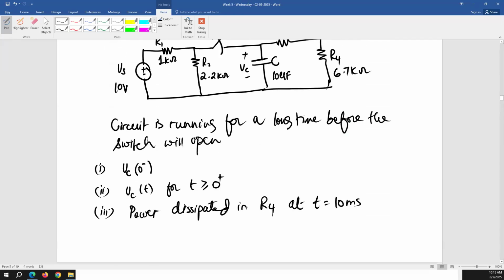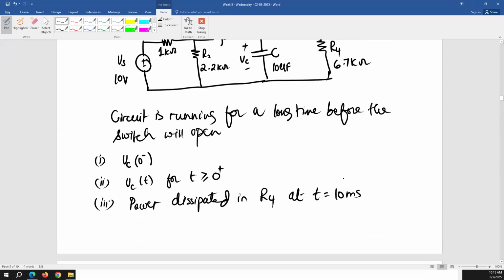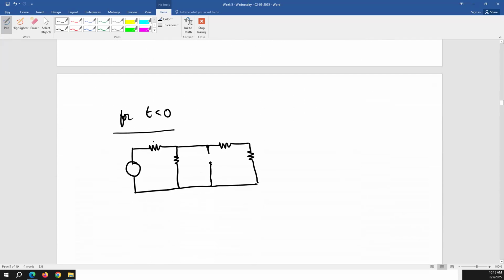So once you redraw the circuit, with R1, R2, R3, and R4, you can see how simple this circuit is.